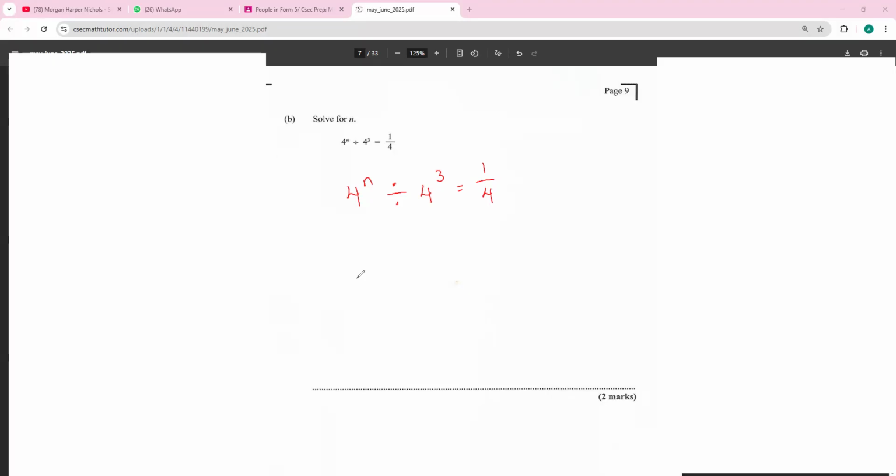Now remember, when it comes to indices, we need to understand that this is known as your base.